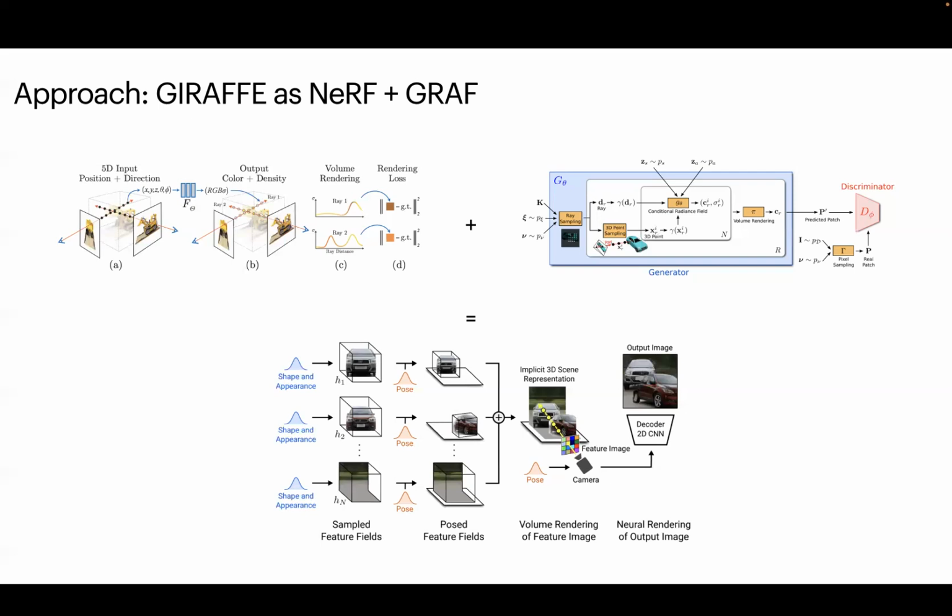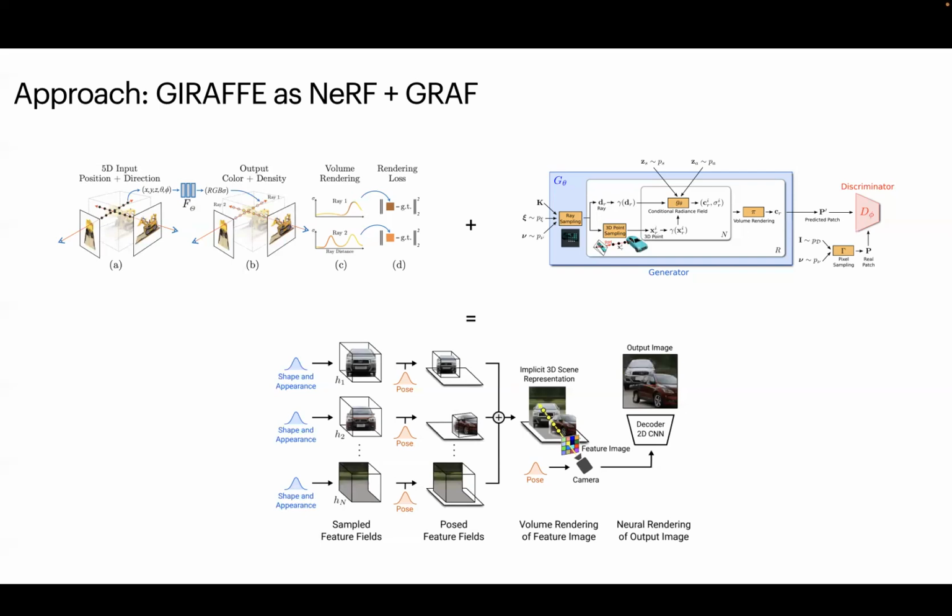I think GIRAFFE definitely incorporated some ideas from that in the neural rendering part and also in the whole architecture. And I think that's why NeRF is very important for the achievement of GIRAFFE.